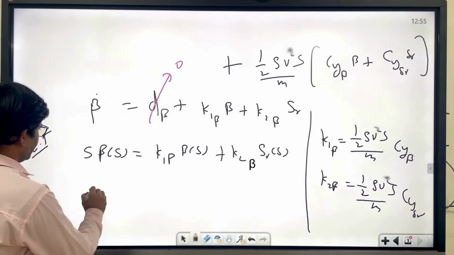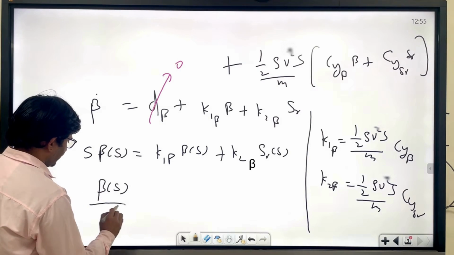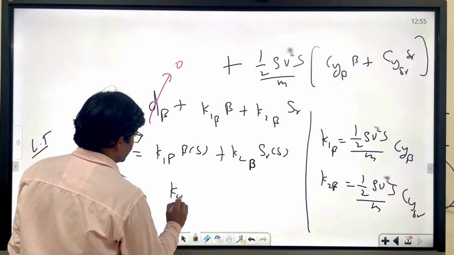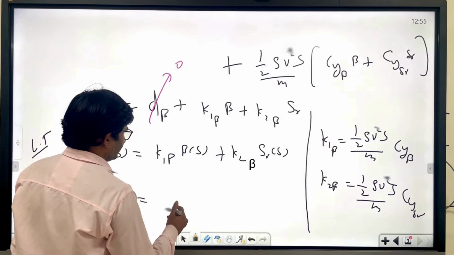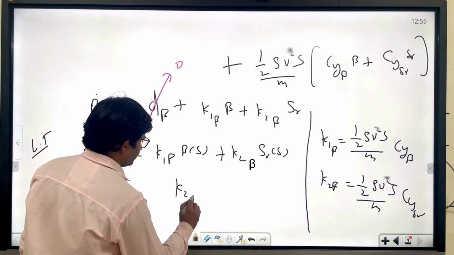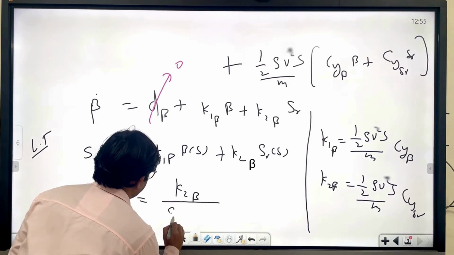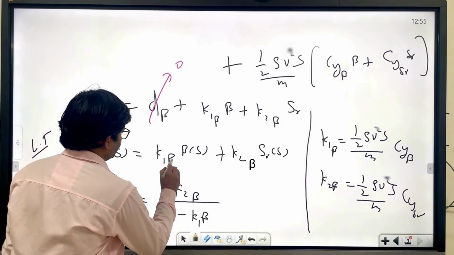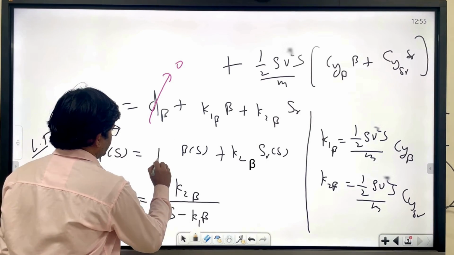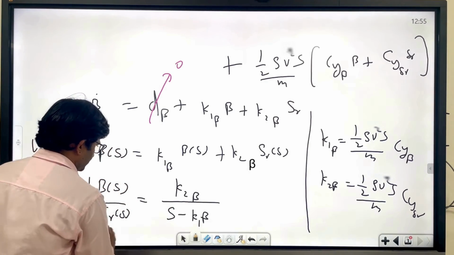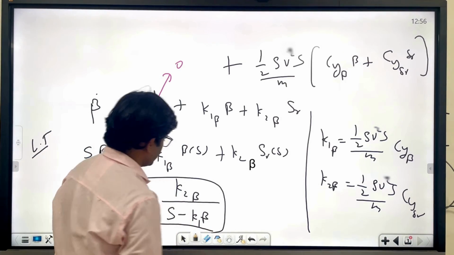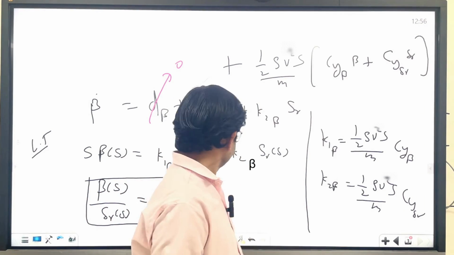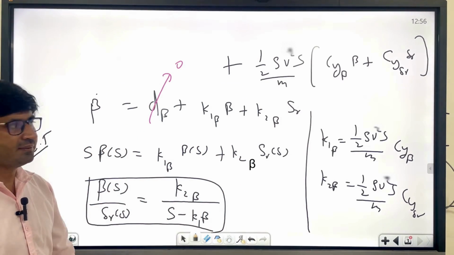In the initial stage, you can neglect this disturbance part and set it to 0. It's up to you, you may include it also. So beta divided by delta r of s will be k2 beta divided by s minus k1 beta, right? So finally you obtain the transfer function. Deflect the rudder, and you will get beta.